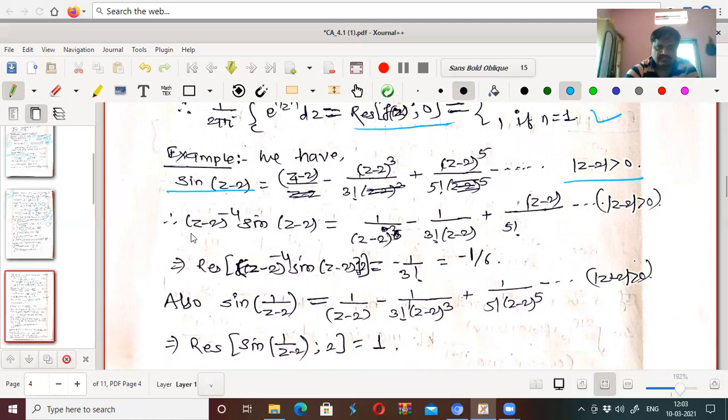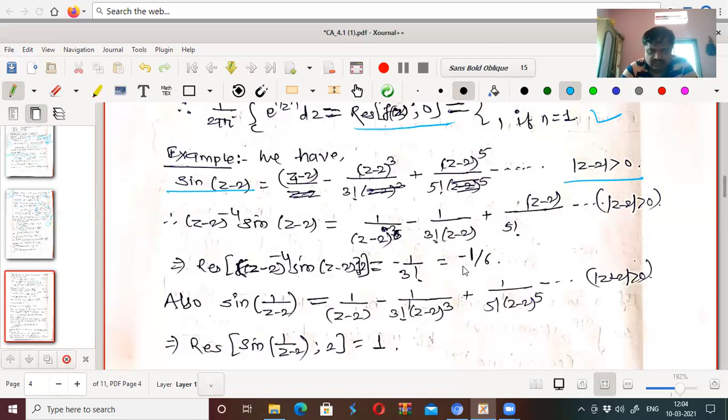Therefore, multiplying both sides by (z - 2)^(-4), that is dividing by (z - 2)^4, you will get 1 upon (z - 2)^3 minus 1 upon 3 factorial (z - 2) plus 1 upon 5 factorial (z - 2), because there will be first power, and now increasing powers of z - 2, that is positive powers.